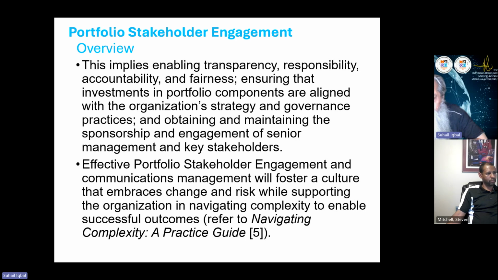So here is a reference to the practice guide, namely navigating complexity. You must download it. It's not a very thick book. For your own interest at the project, program, or portfolio level, no matter what. But this navigation of complexity is very well defined there.